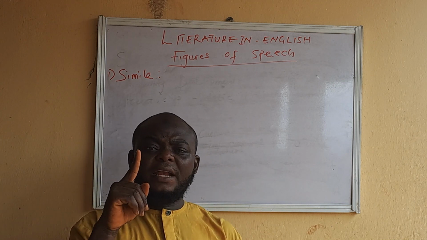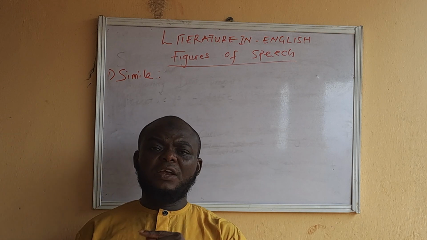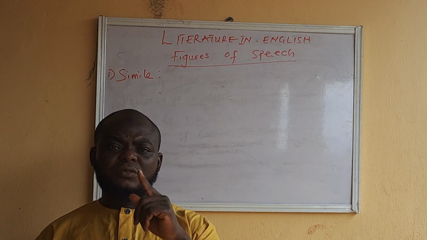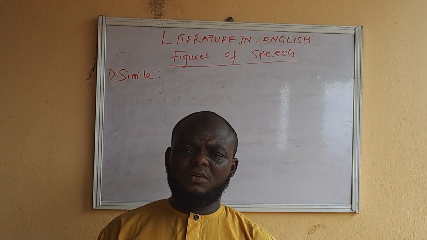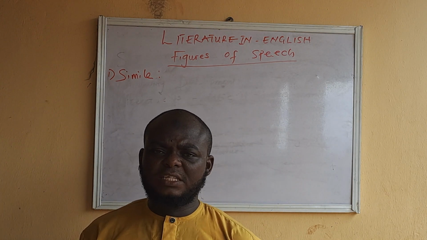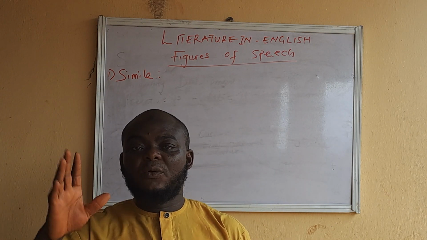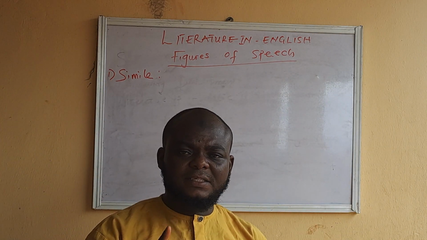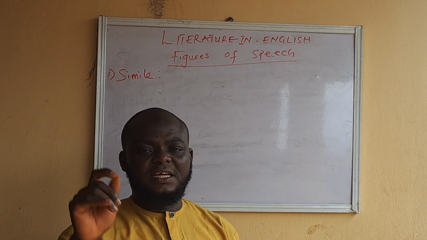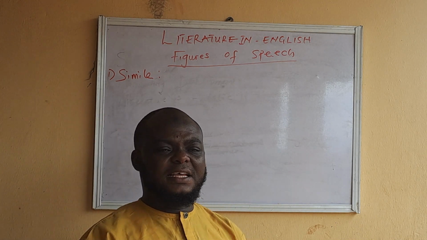When we are comparing in literary work, we use two words which are very common in our society. These two words are as and like. We still have more, but the ones we use most are as and like.